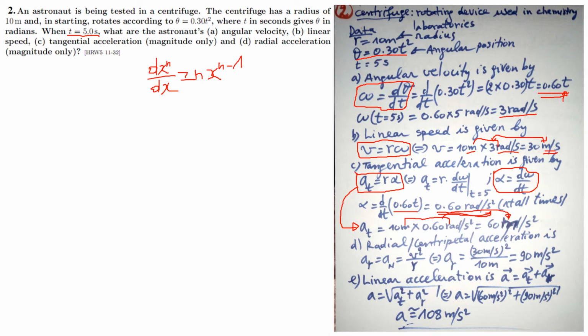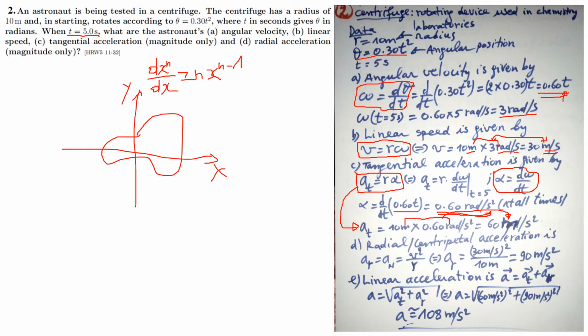In sub-question D, we are asked to determine the radial acceleration. The radial acceleration is the normal acceleration or centripetal acceleration. A centripetal acceleration is an acceleration which makes a body maintain its circular trajectory. Let us consider a rigid body like this, and this rigid body is in the x and y Cartesian plane.